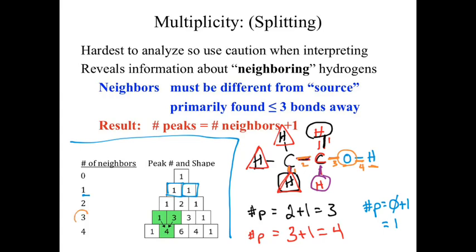Let's jump up really high up there, up to 3 neighbors. We now get 4 peaks, so we can see each of those 4 boxes representing our 4 peaks. And if we look at the intensity between these, our peaks on the outside will have an intensity of 1, while the interior ones will be 3 times as tall.